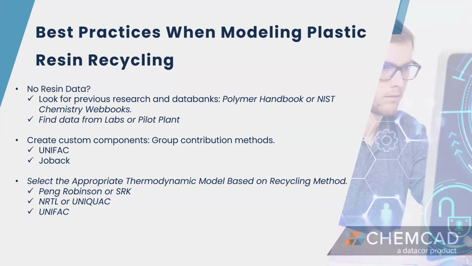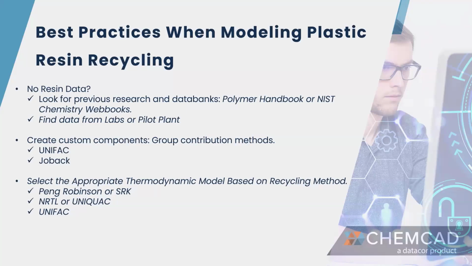One of the things that you can do when you don't have data for the components is look for thermophysical properties in research papers on plastic recycling, or look for polymer databases or data banks, such as Polymer Handbook, MatWeb, or NIST Chemistry WebBook.